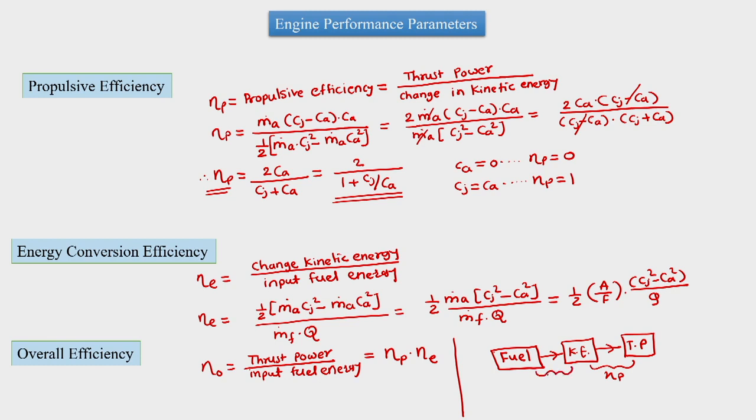There is an efficiency between fuel energy and kinetic energy, that we are calling energy conversion efficiency. And then there is overall efficiency which is between thrust power and fuel energy. So these are the three efficiencies which are related with the performance of the engine.